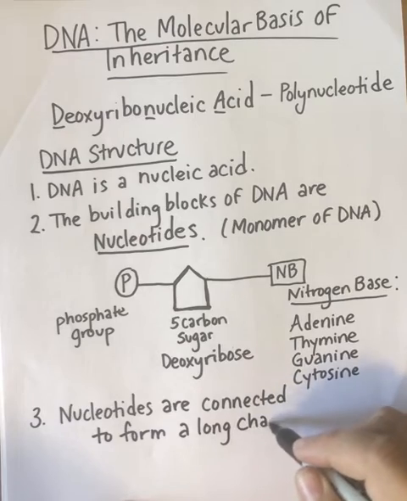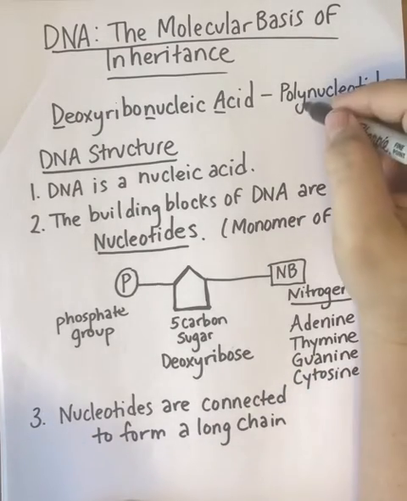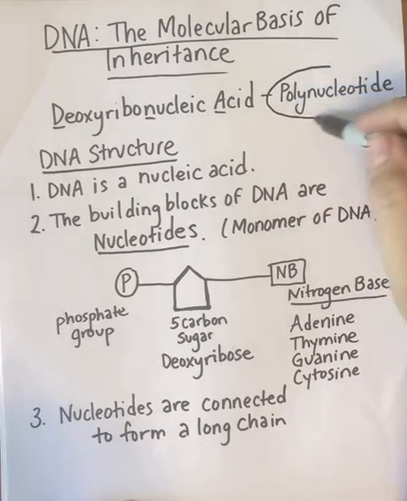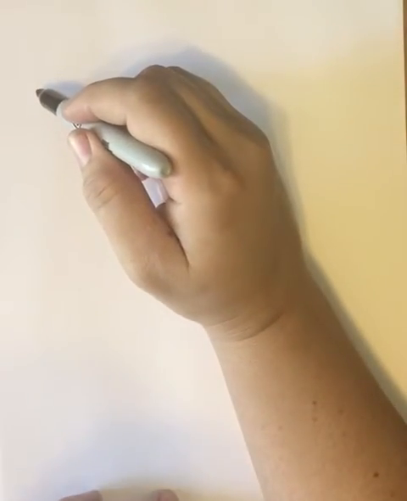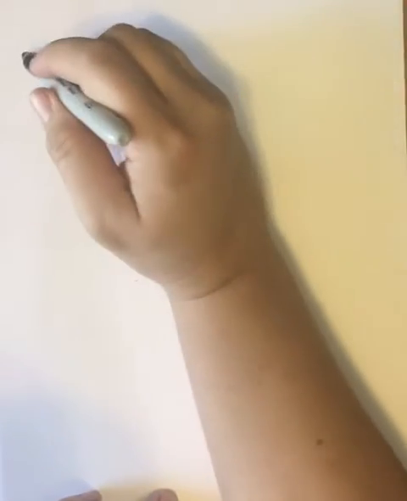That's where we get the name polynucleotide. Many of these are going to be linked together. So if we were going to look at DNA, DNA structure is a double helix.